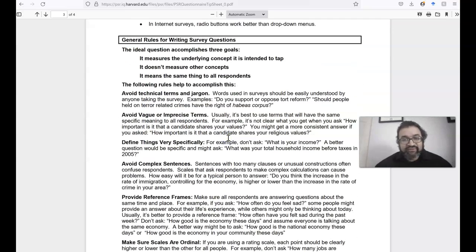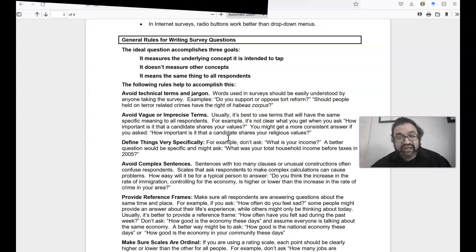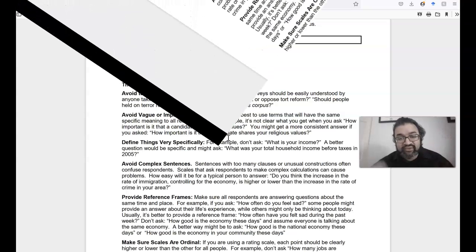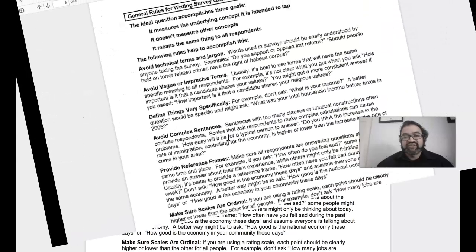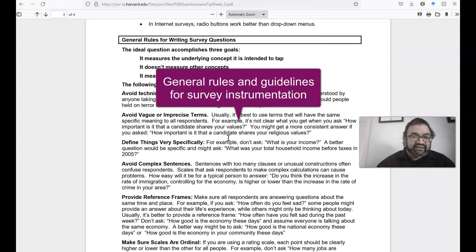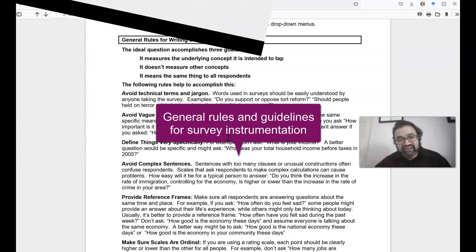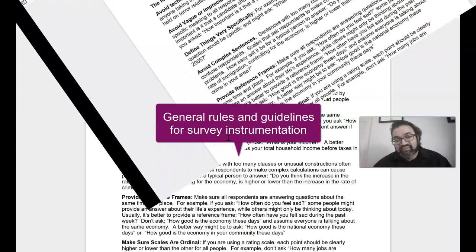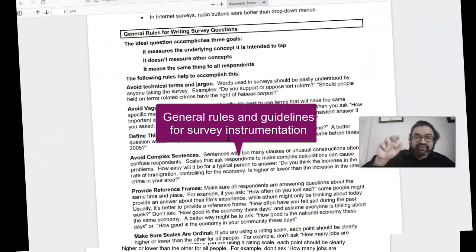So I've been going through a lot of different concepts throughout this, but there's general rules and guidelines that you want to be thinking about, and that is that the ideal question will be accomplishing and providing you with three things.